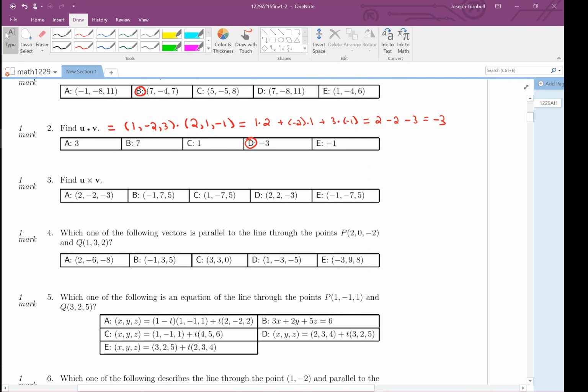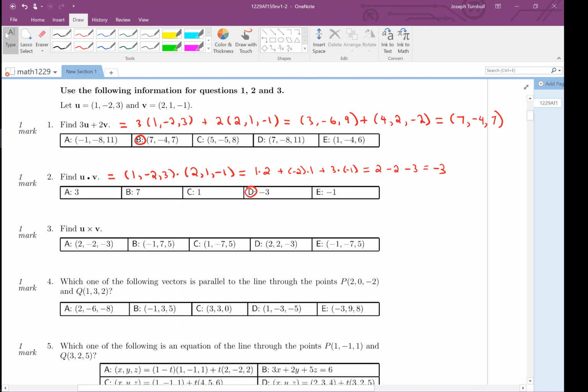Okay, question 3, find the cross product. So I'm going to write one particular way of finding the cross product. I'm going to make 2 copies. 1, negative 2, 3, 1, negative 2, 3. 2 copies of the first, 2 copies of the second. 2, 1, minus 1. 2, 1, minus 1.